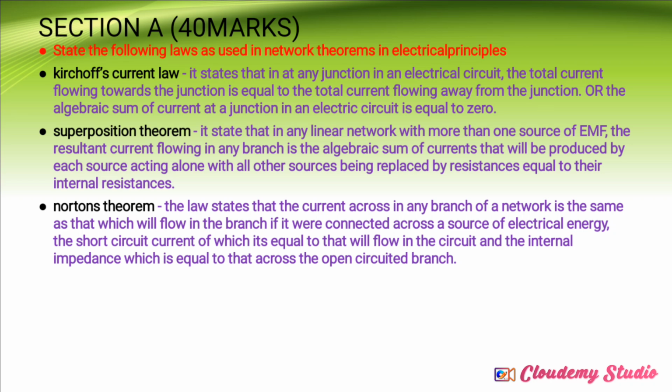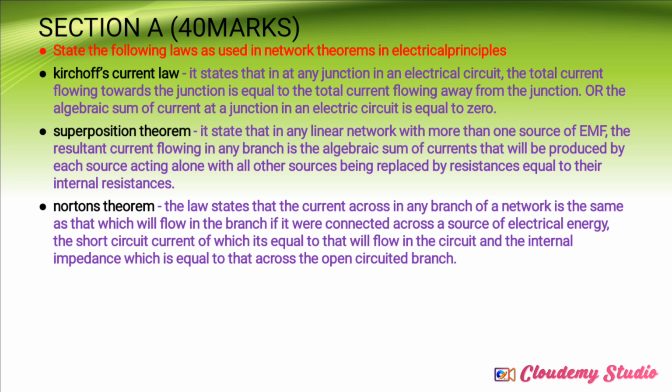Putting it in statement form, you can say it states that in any junction in an electrical circuit, the total current flowing towards the junction is equal to the total current flowing away from the junction. Alternatively, you can use the algebraic form, where you say the algebraic sum of currents at a junction equals 0. So that one, you'll have already stated Kirchhoff's current law.